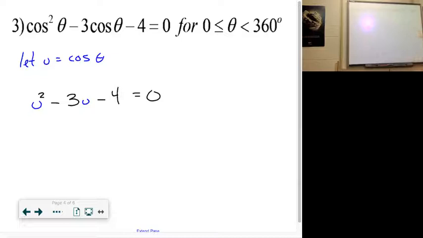When you're solving a quadratic with 3 terms, you want to set the equation equal to 0 first, and then from that point, I would always suggest factoring it. That's the quickest, easiest method. If factoring doesn't work, then you can resort to the quadratic formula or completing the square. So let's see what happens when I go to factor this.